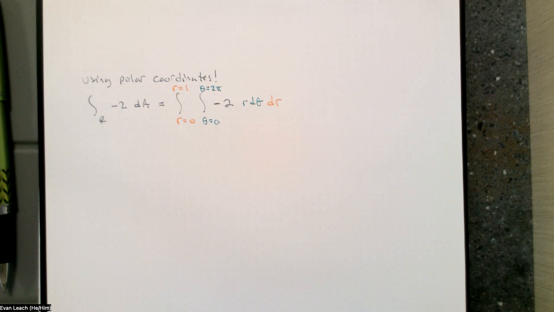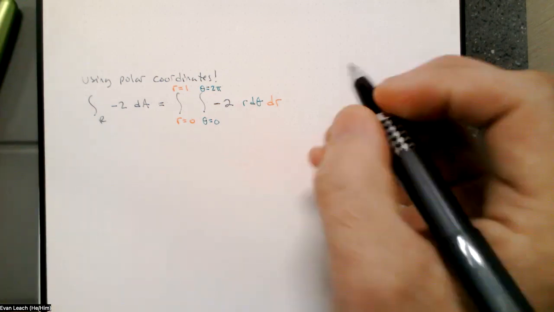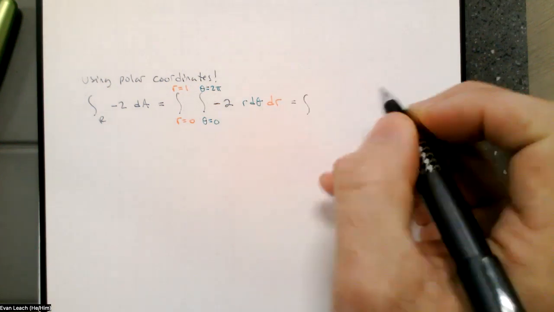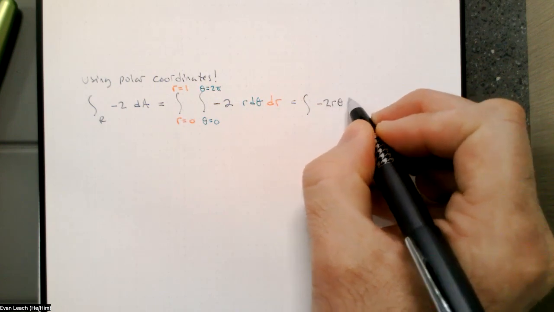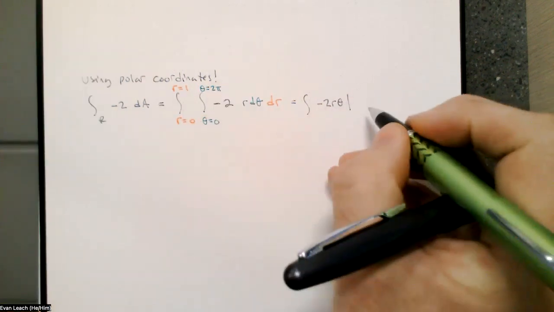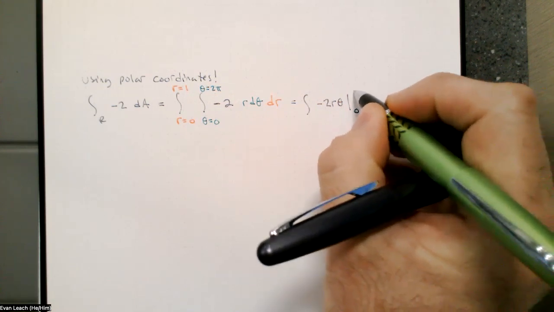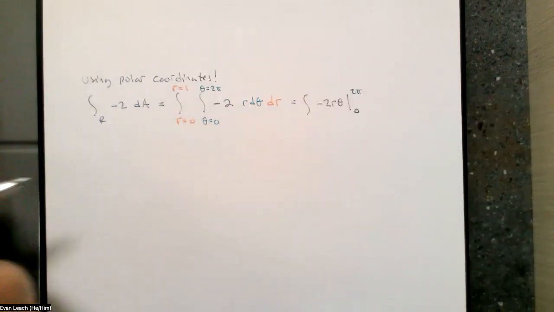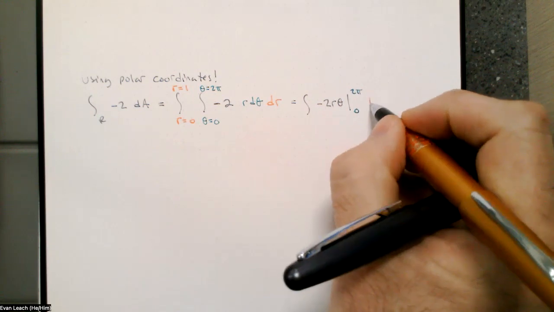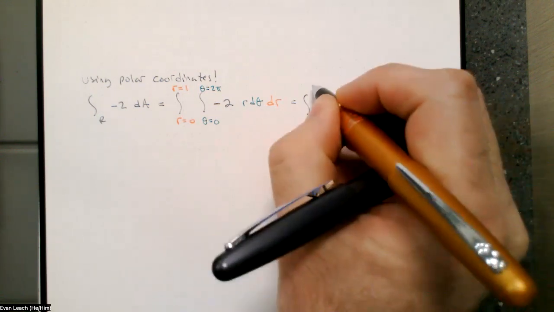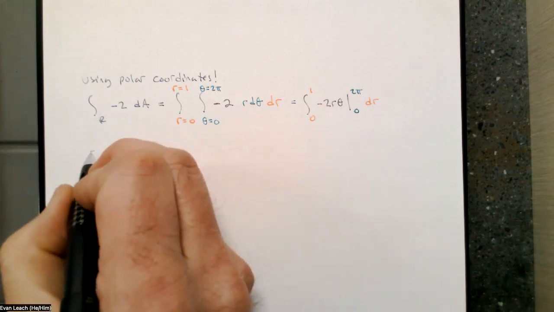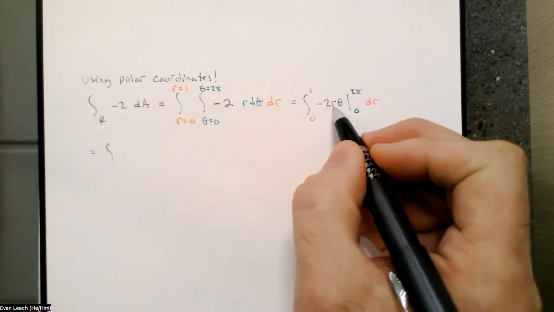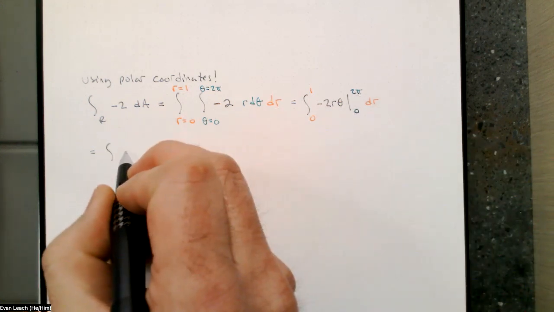So we integrate with respect to theta. So we'll get -2 r theta, evaluated from 0 to 2 pi. This is still an integral dr from 0 to 1. We plug the 2 pi into theta and then the 0 into theta. So -2r times 2 pi is -4 pi r.